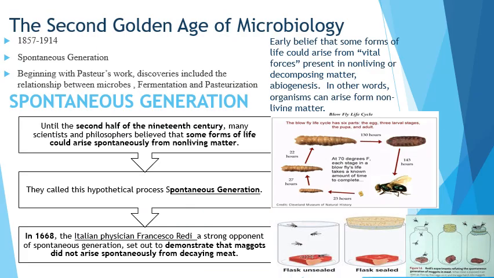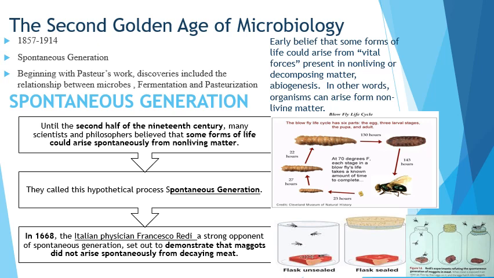Now here we start the second golden age of microbiology, the era from 1857 to 1914. In this golden age, there is a specific phenomenon called spontaneous generation.